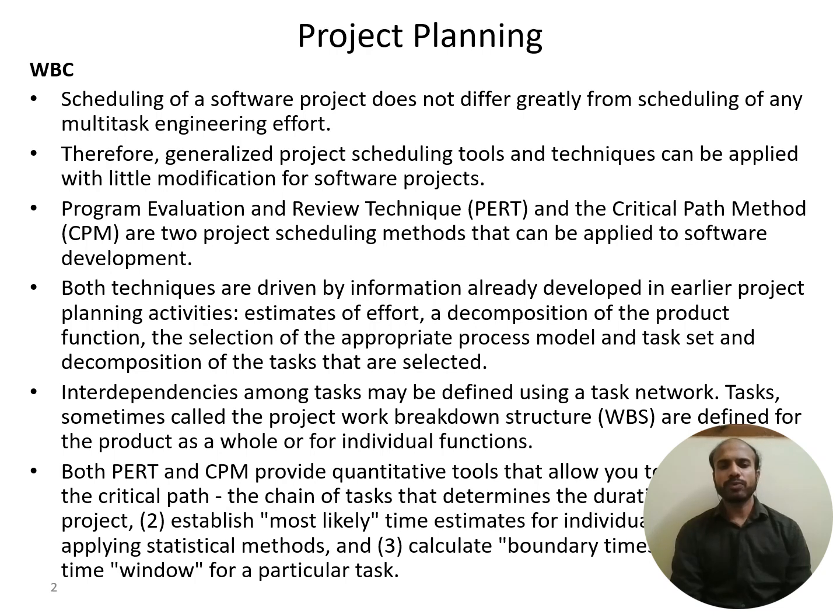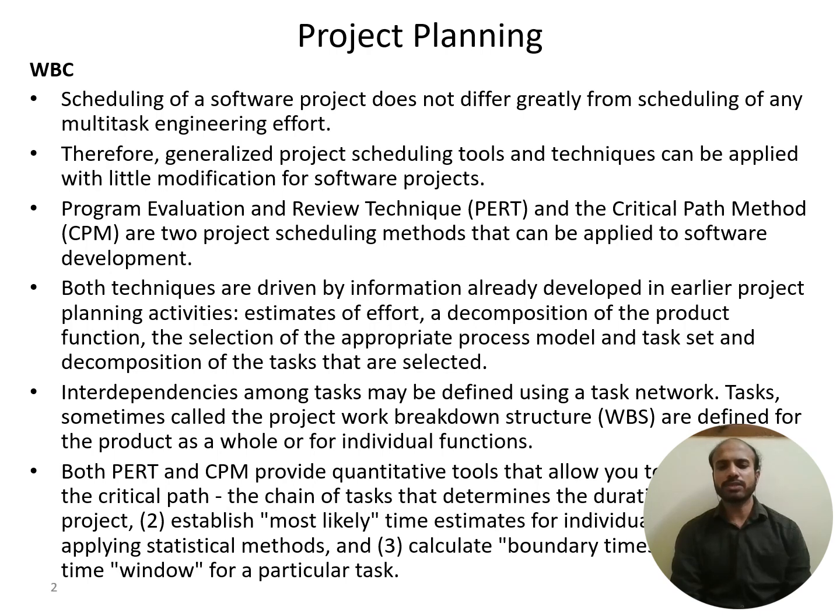PERT, Program Evaluation and Review Technique, and CPM, Critical Path Method, are two project scheduling methods that can be applied to software development. Both techniques are driven by information already developed in earlier project planning activities: estimates of effort, a decomposition of the product function, the selection of the appropriate process model and task set, and decomposition of the tasks that are selected.